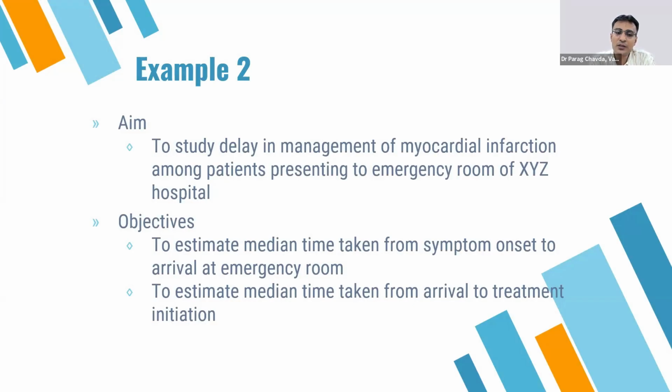The first objective is to estimate the median time taken from symptom onset at the patient's house to arrival at the emergency, that is, the time from symptom onset to arrival at the hospital. The second objective is to estimate the median time taken from arrival at hospital to treatment initiation. So probably a part of the information would come from the patient's clinical records, what's there in the history, and probably also from talking to patients and taking history afresh, right? So that's the source of information.